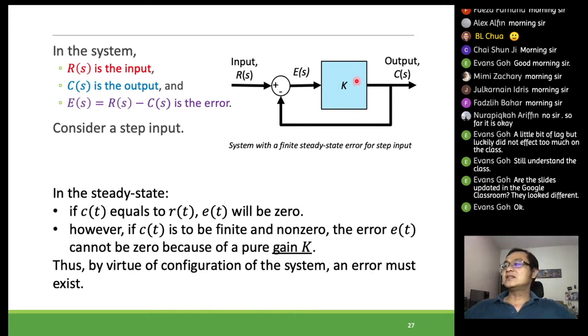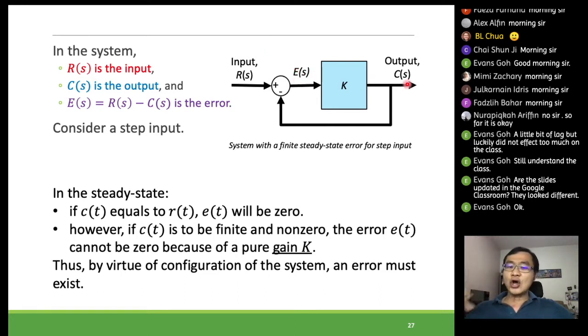Because of this k, whatever we give in, let's say this k is not 1, let's say this k is 10, right? So if we give 1, this 1 multiplied by the gain 10, the output will be 10. So when 10 is compared to 1, the difference is 9, then 9 multiplied by k.